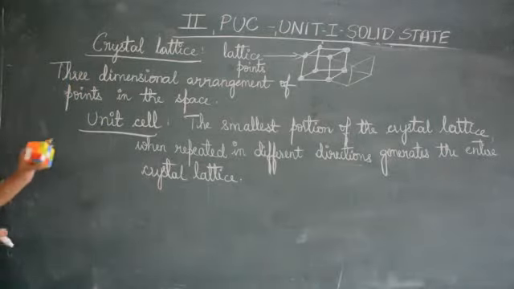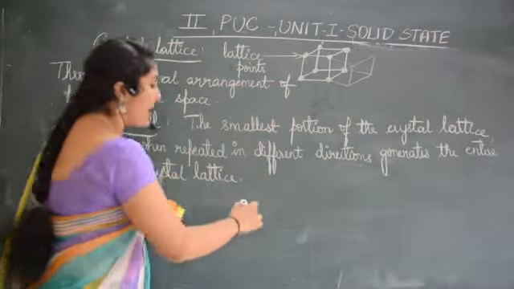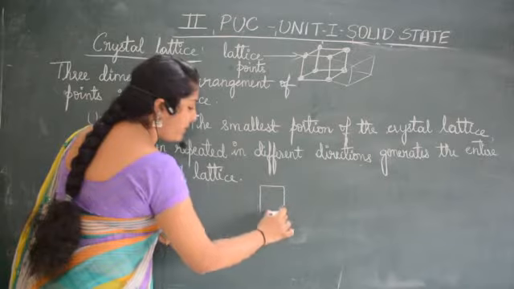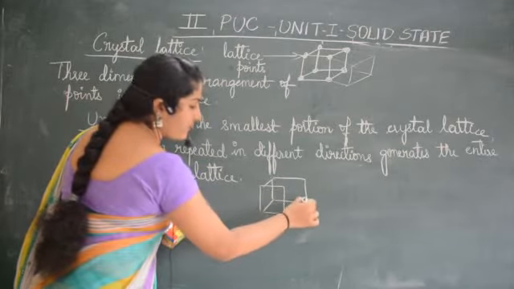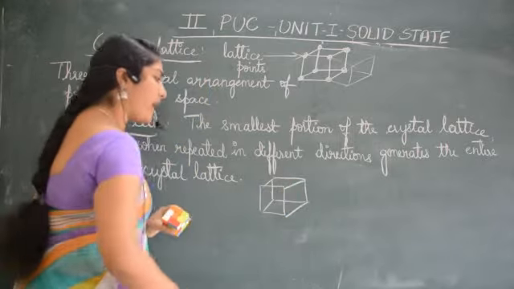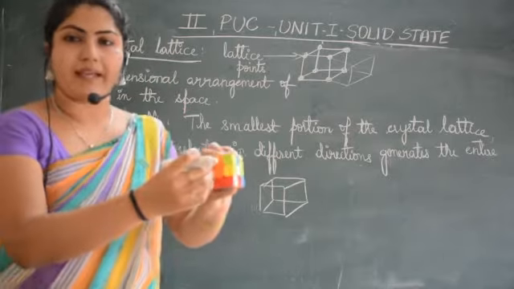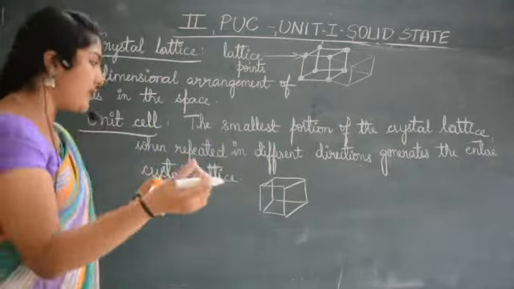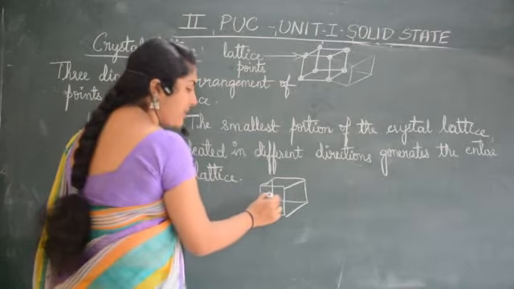Now I'll be considering one simple unit cell from this. I'll just draw a picture of it. Suppose this is a picture of one simple unit cell that I have taken. What we observe here are the parameters.